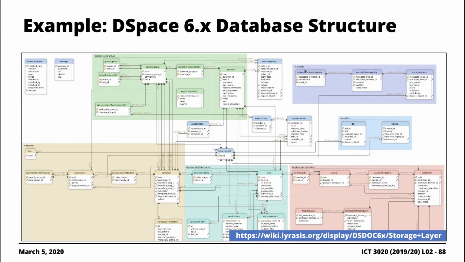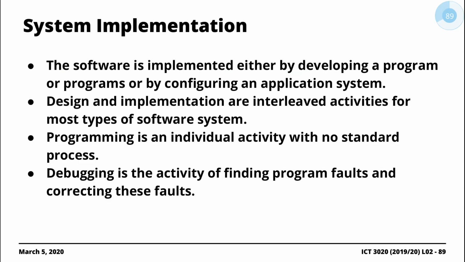An entity will usually translate to a table that stores data in the database, right? So you can see that the database associated with DSpace has quite a number of tables, right? And these arrows essentially spell out relationships that exist between the various tables. Good stuff. Okay. Hopefully that was clear.